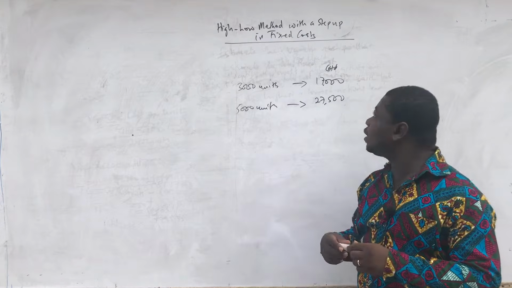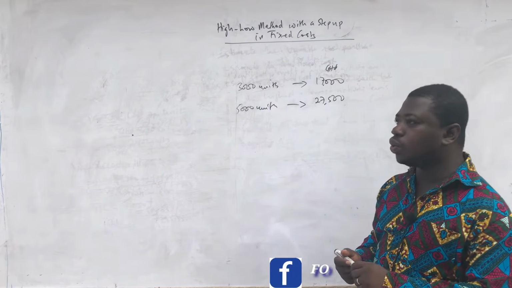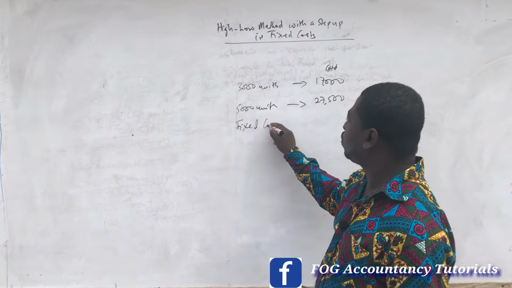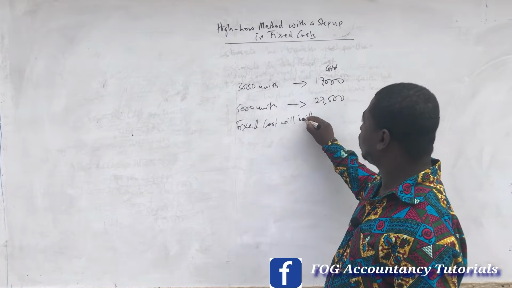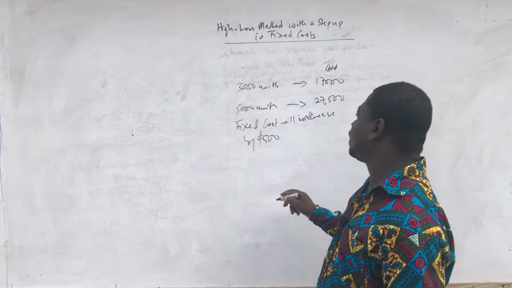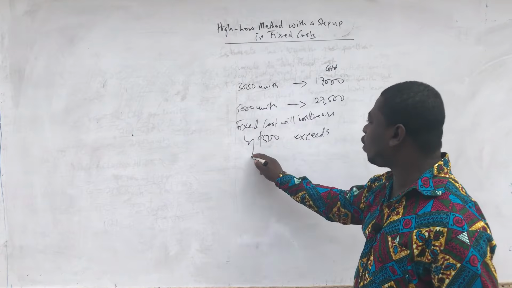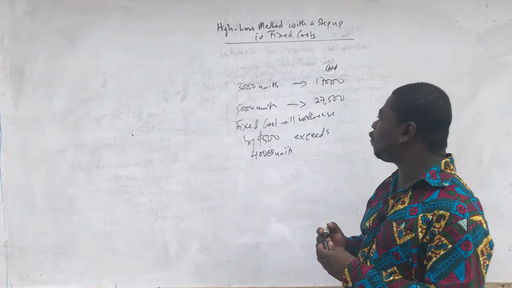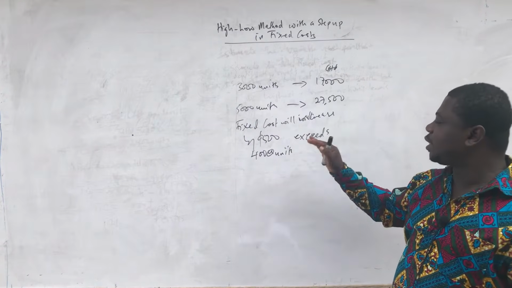Now, if these are our two activity levels that we are using, and the question told us that fixed cost will increase by 500 cedis when output exceeds 4,000 units.